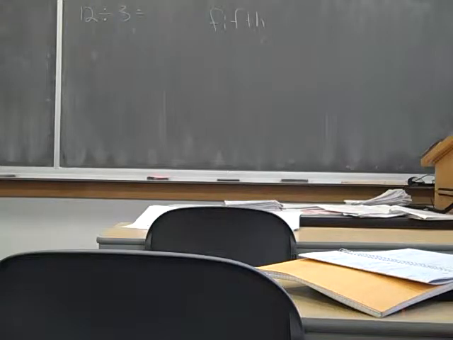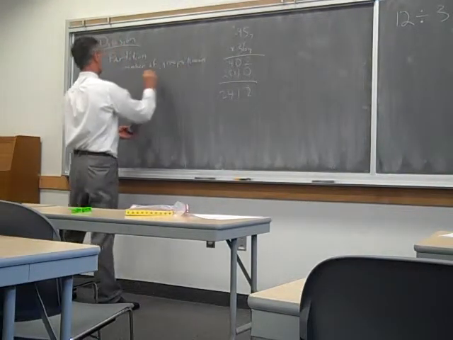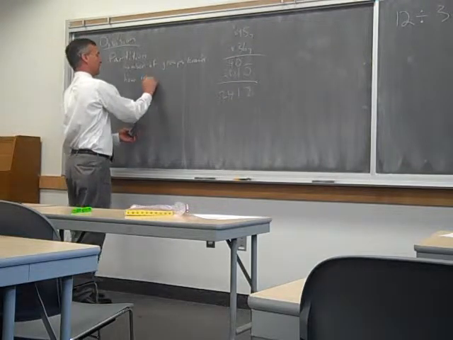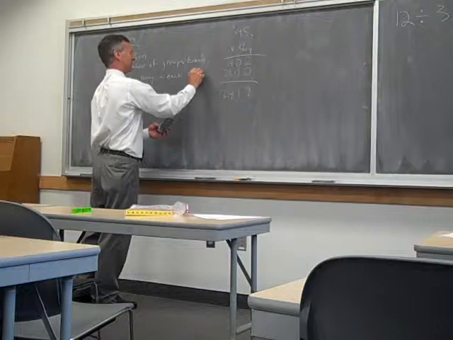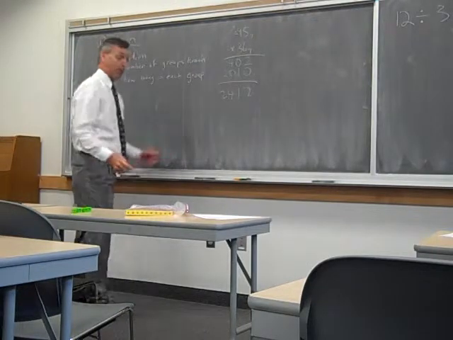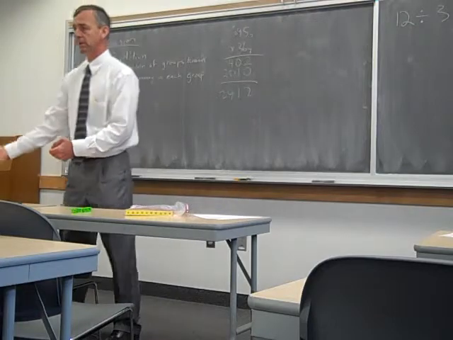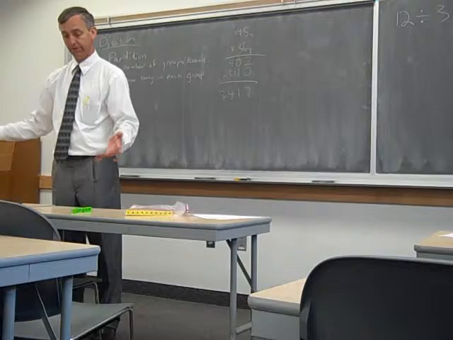Number of groups known. Question is how many in each group. And the way you solve that is you just share out until you are out of blocks. When you're out of blocks, you're done.